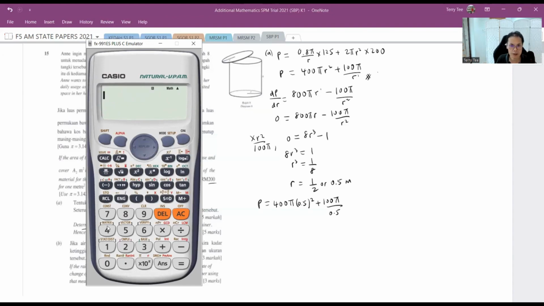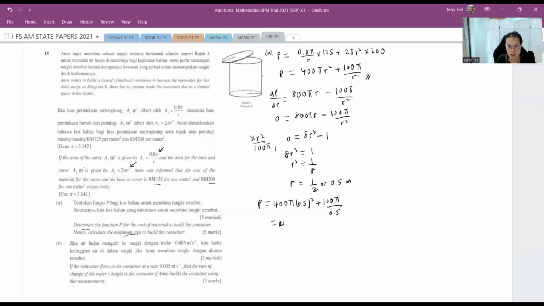Your R is 0.5. 400 times 0.5 squared plus 100 over 0.5. That would be 300. You times with 3.142. There you go, RM 942 ringgit and 60 cents. So that's your minimum cost.